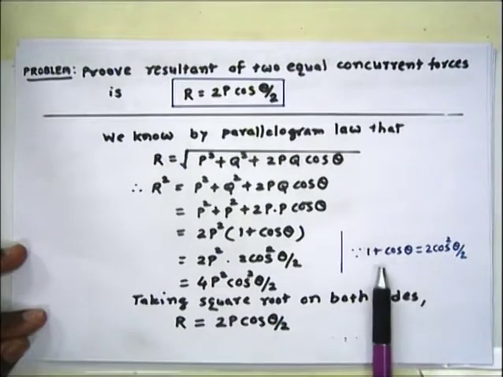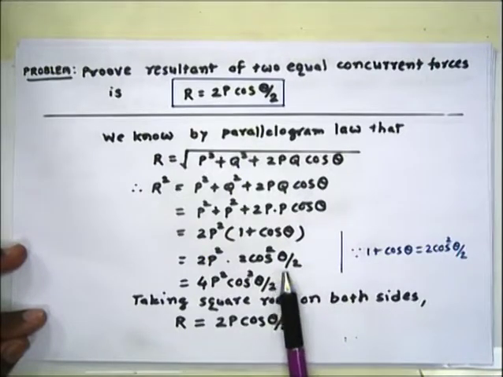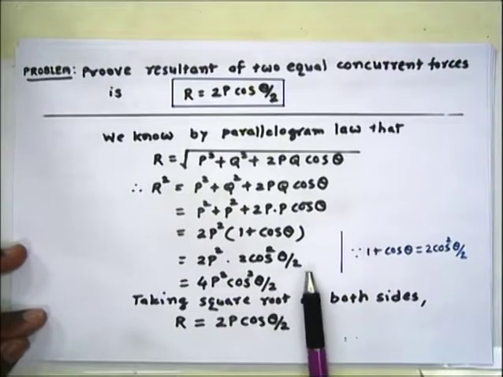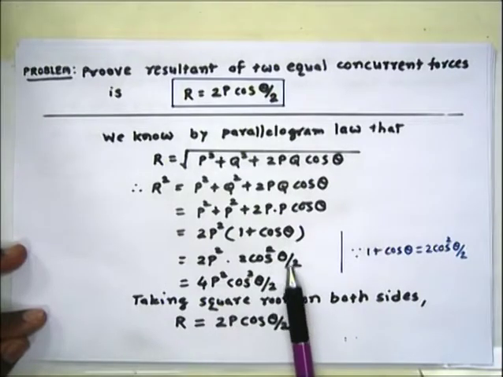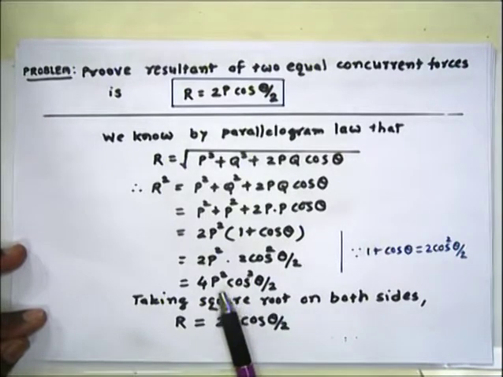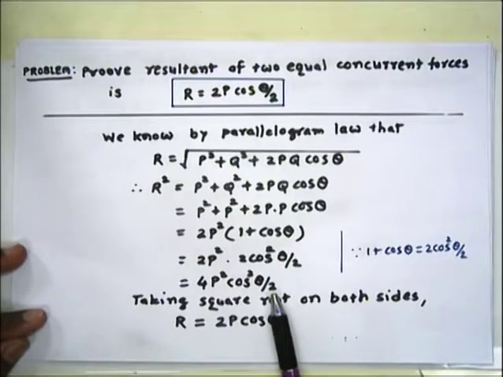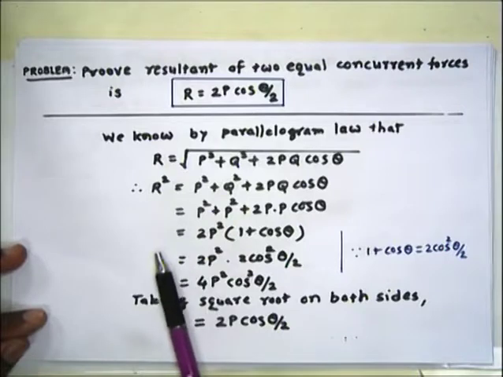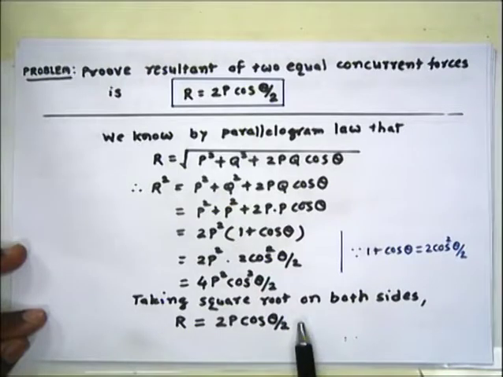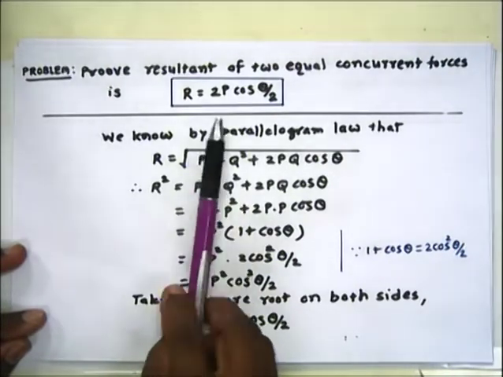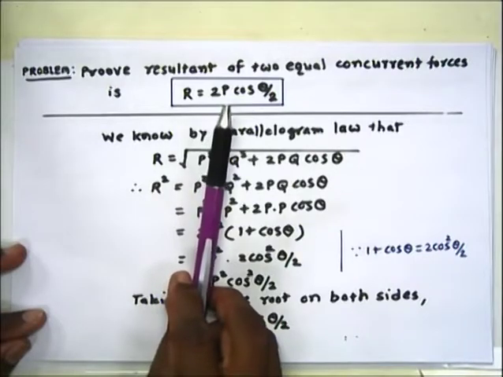So using this mathematical formula, in place of 1 plus cos theta we can place 2 cos square theta by 2. Finally simplifying, we will get 4P square cos square theta by 2. So R square is equal to 4P square cos square theta by 2. Taking the square root of it, R is given by 2P cos theta by 2. So this is how the formula R is equal to 2P cos theta by 2 is derived.